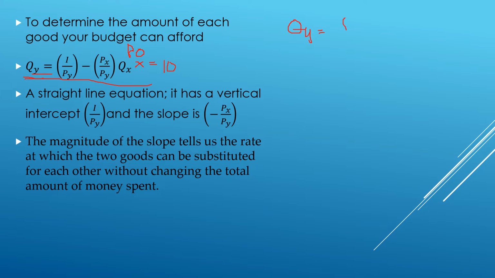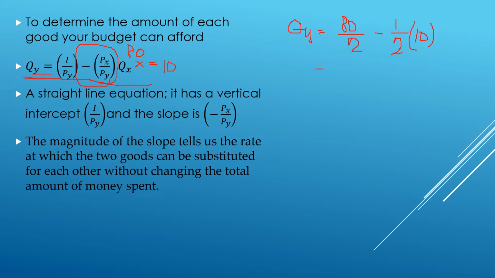Your income is $80 divided by the price of Y, which is 2 pesos, the price of the clothing, minus the price of your food, which is $1, divided by the price of Y, which is $2, or simply the slope of the budget line, times the quantity of food that you're going to buy, which is 10.